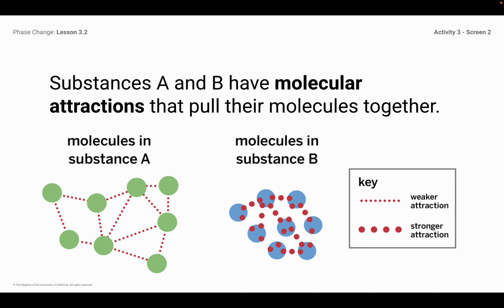The dots are smaller in substance A. Molecules in substance B have much stronger attraction. You can see that strong attraction is pulling those molecules in substance B closer together. And the molecules in substance A are able to increase freedom of movement because they're not being pulled together.